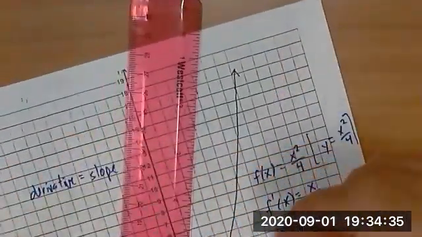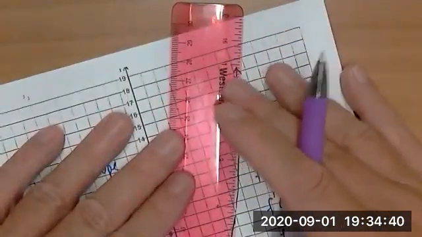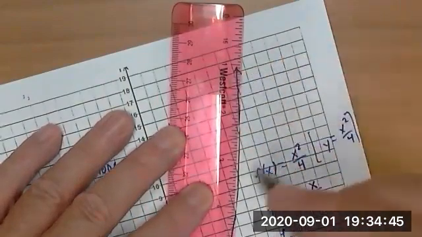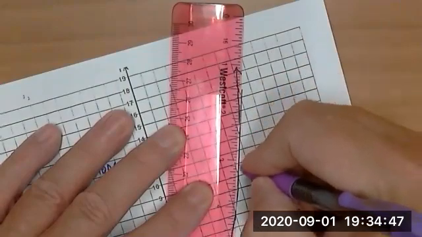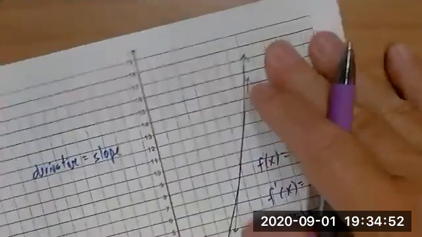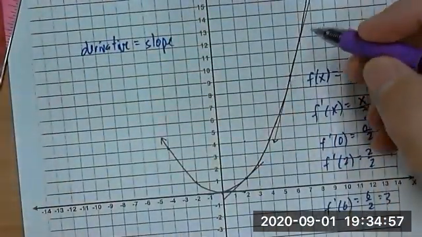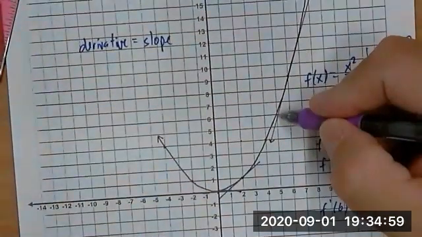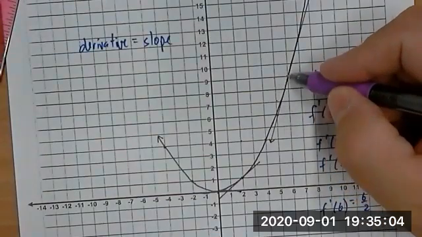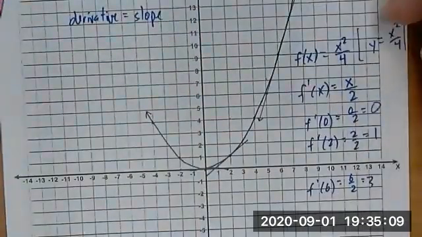So if this isn't perfectly right, don't hold me to it, but maybe it'll be close. So maybe here's the tangent line. The slope of the tangent line should be the same as the slope at this point. So if I try to figure out, maybe if I go from here, 1, 2, 3, rise of 3, run of 1 is 3. Yeah, looks about right.